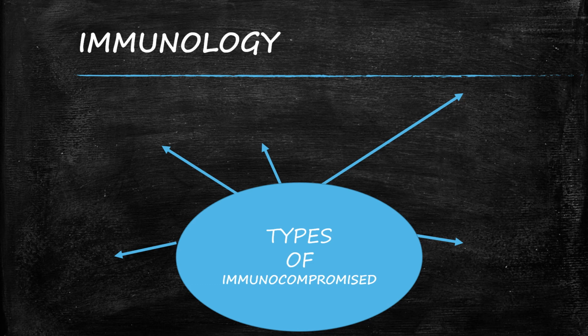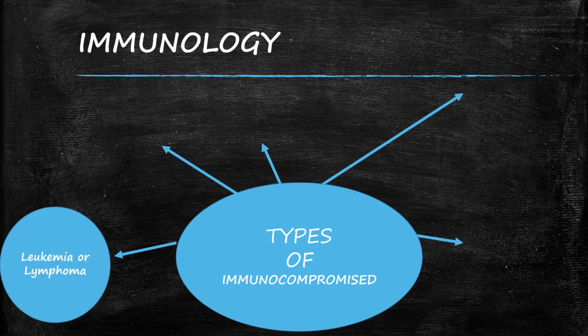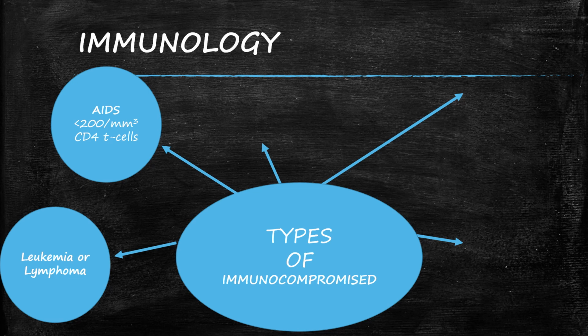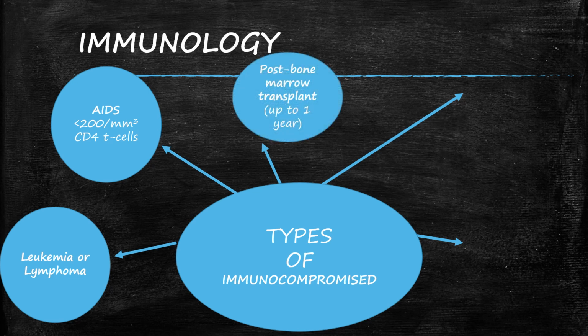There are different types of immunocompromised patients that we are likely to see in our patient care settings. Those with leukemia or lymphoma, those that have AIDS, which is a CD4 T cell count of less than 200, and those that are post bone marrow transplant.